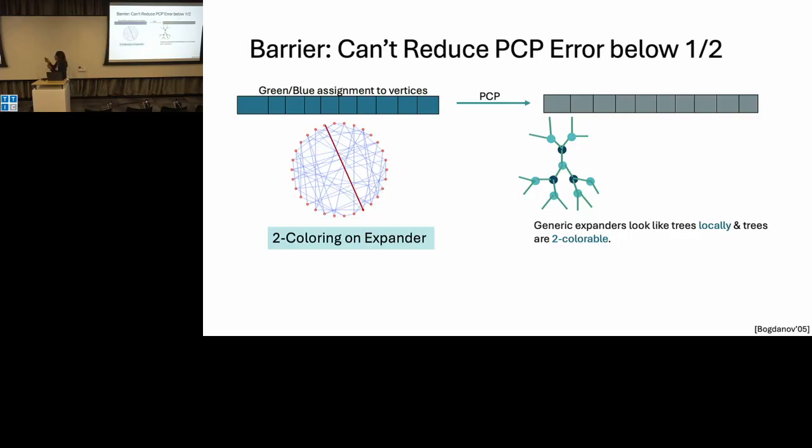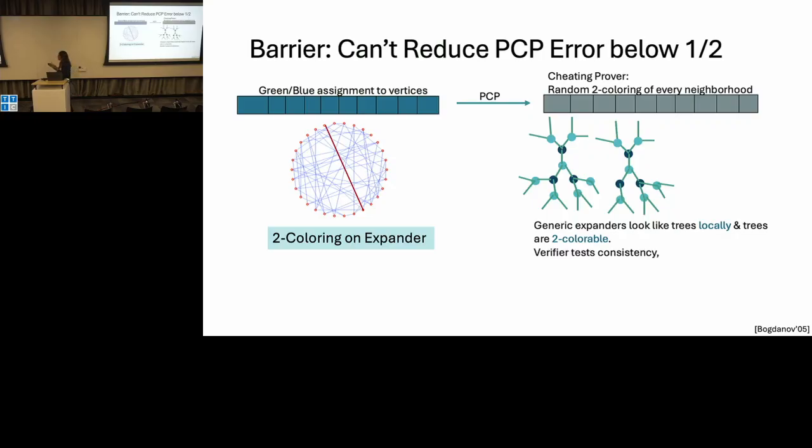And now, of course, at every location, you satisfy the constraint that you're two colorable. And even if you pick two locations where the neighborhoods overlap, you will only detect inconsistency with probability half. So this gives you a PCP which cannot have error better than half.